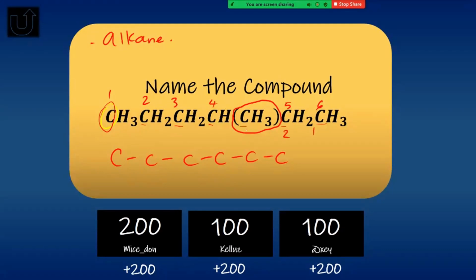And we have a branch here on this carbon. Then the rest of these are the hydrogen atoms.